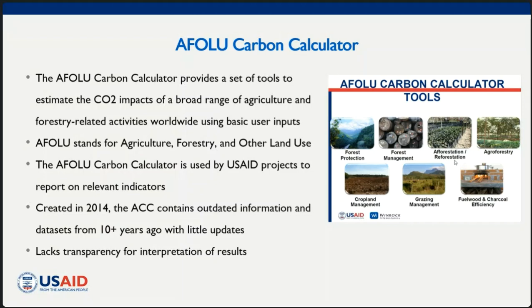But then to go back to maybe forest protection, which WABiLED has a number of activities that fall under this tool category. In order to determine avoided deforestation, we're using deforestation rates that are from 2014 and earlier. And we know that deforestation rates have changed drastically over the past decade in many regions.